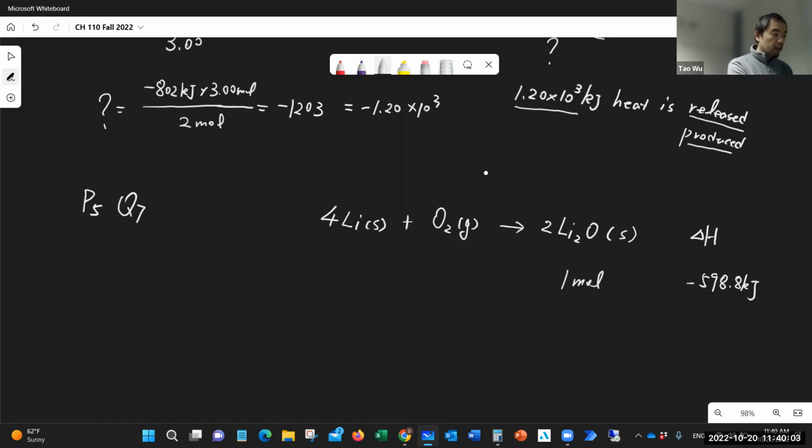Look at this: the delta H for this reaction is negative 598.8 kilojoules per mole of lithium oxide. It's not per mole of lithium, and not per mole of oxygen, but per mole of lithium oxide. In other words, if we form 1 mole of lithium oxide, they are going to produce that much heat.